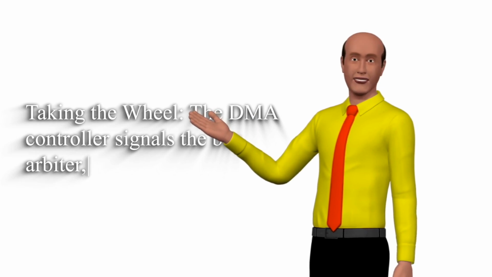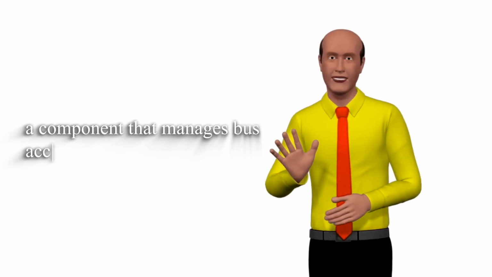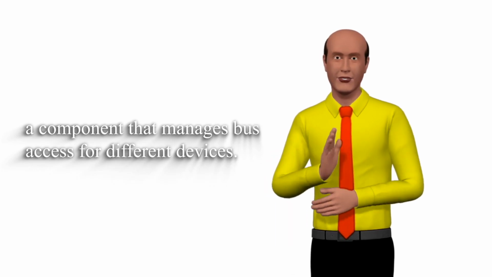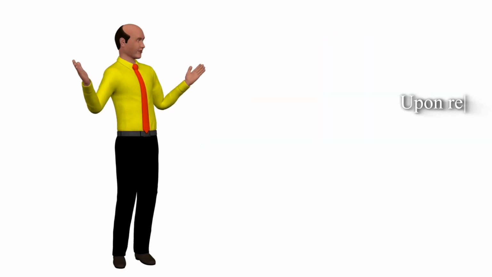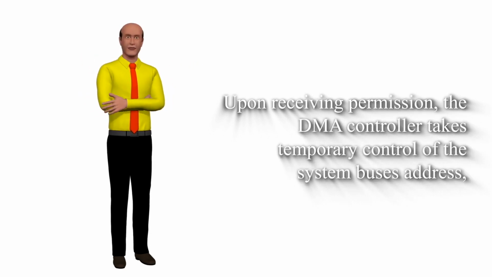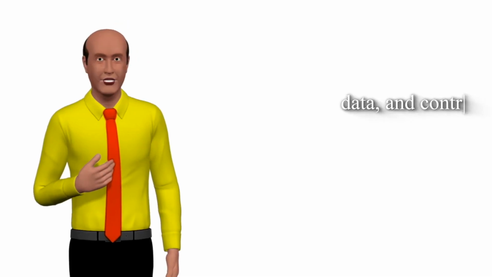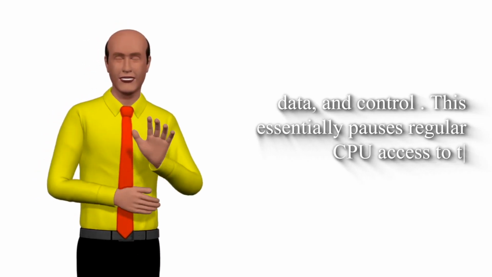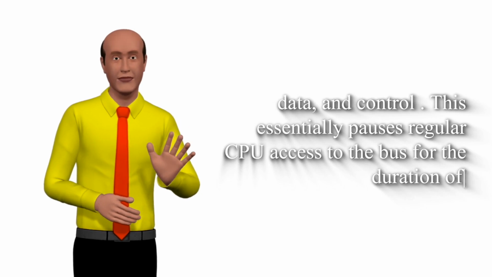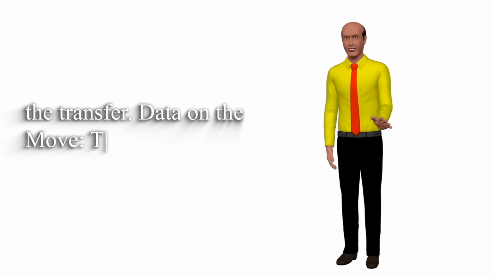The DMA controller signals the bus arbiter, a component that manages bus access for different devices. Upon receiving permission, the DMA controller takes temporary control of the system bus's address, data, and control lines. This essentially pauses regular CPU access to the bus for the duration of the transfer.